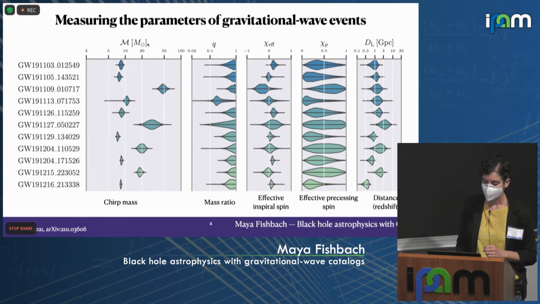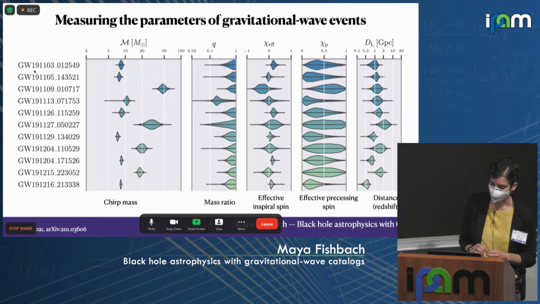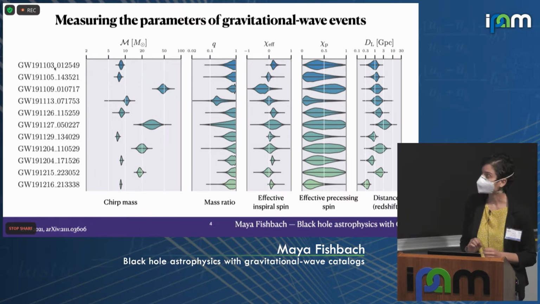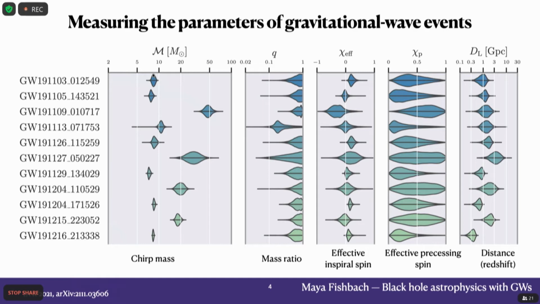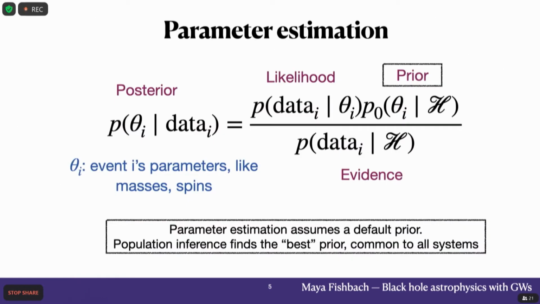Here, the height of these violins is proportional to the posterior probability distribution at that number. So this event, GW191103_012549, probably had a chirp mass of about 8 solar masses. So that's the first step.